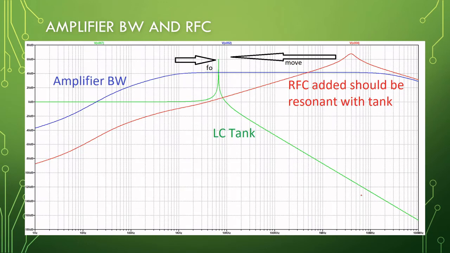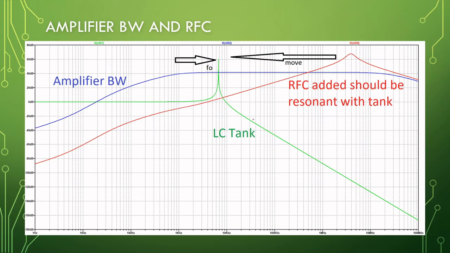Right, so in a simulation I ran the LC tank and got the Bode plot, and you'll see that there's a resonant peak right here. So nothing out, then boom, you have a resonant peak.